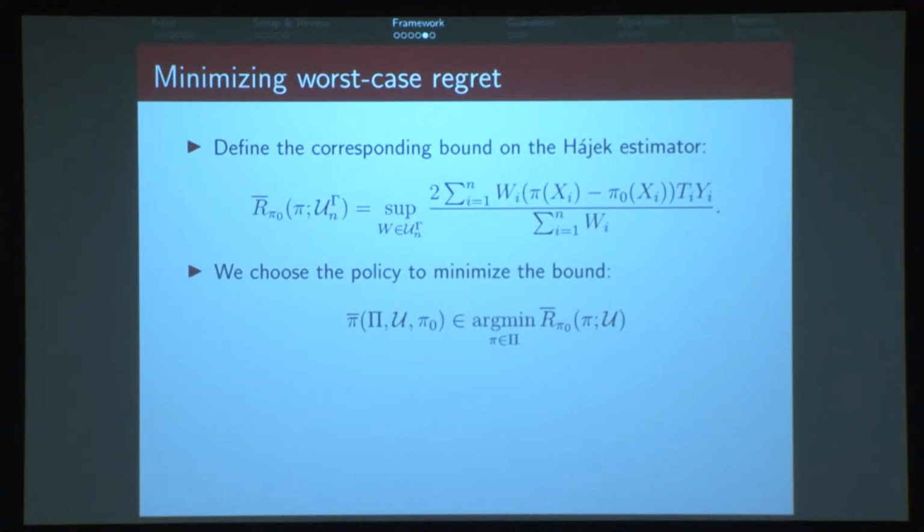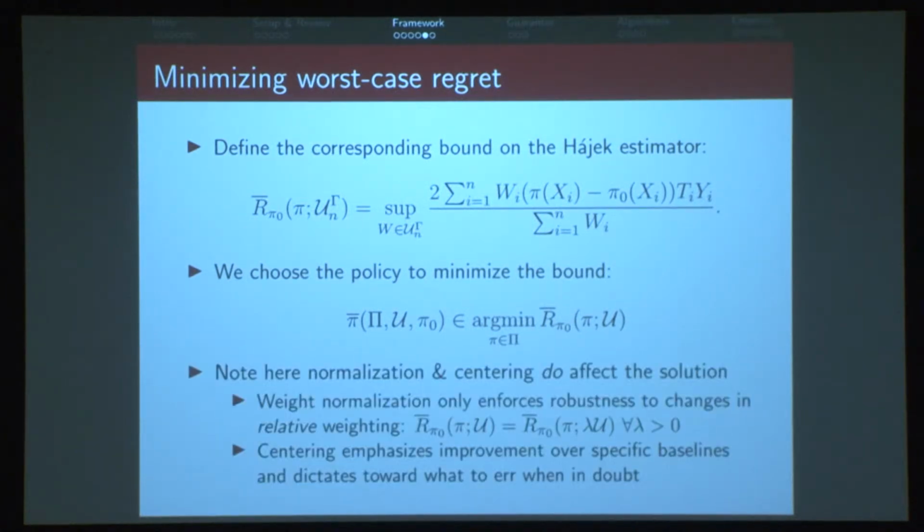Okay, so this is the approach, pretty straightforward. And now that I've actually put a sup over W here, now the fact that I've centered at pi naught and divided by the sum of W's actually does affect the structure of the solution, right? Actually, dividing by the sum of W's is going to be key to this sharpness, right? That this worst case regret actually converges to the worst case it could be.